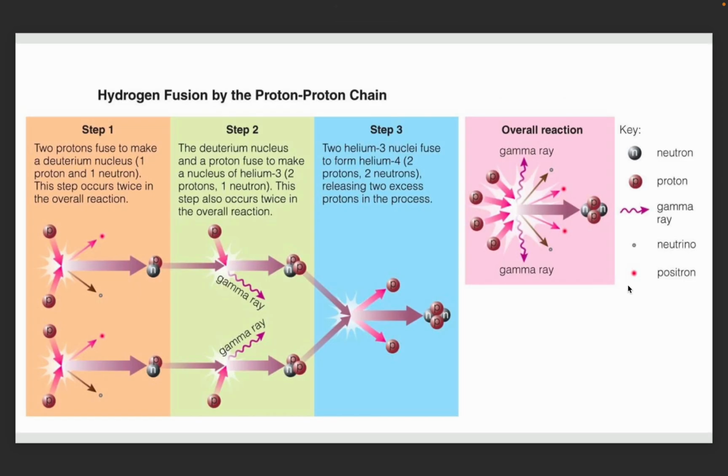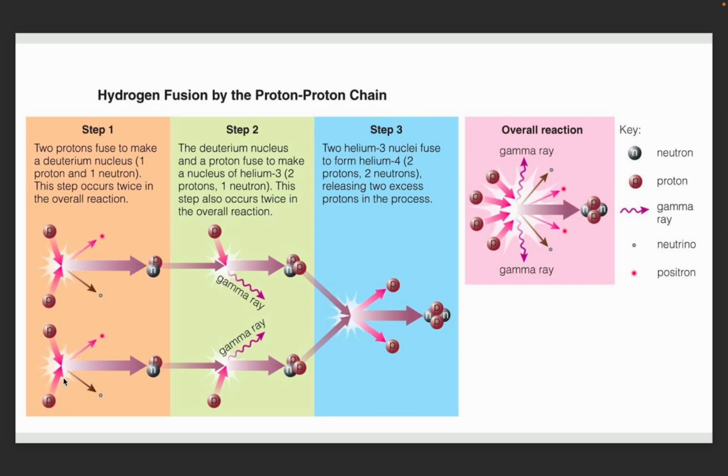So the first step, hydrogen fusion by the proton-proton chain, is that the first two protons fuse to make a deuterium nucleus, and this step occurs twice in the proton-proton chain. So in the high temperature of the core, there are two bare hydrogen nuclei, that are the two protons, and they first fuse and form a deuterium.